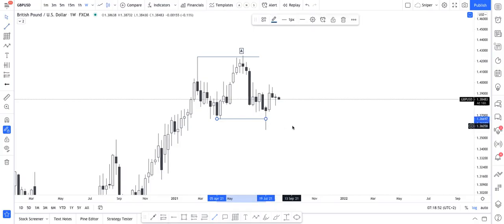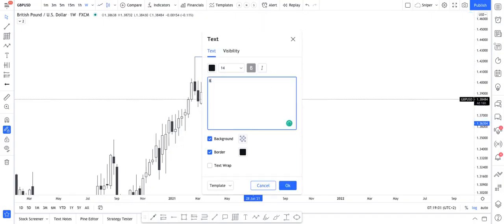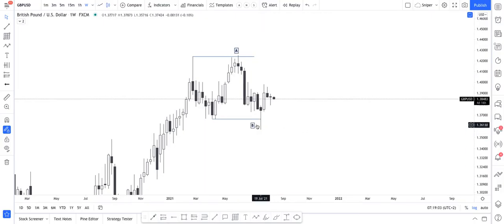Well, our point B was down at these lows. That would then be point B, and that is our AB movement from there to there. So that was the move towards the downside. That was our AB movement.